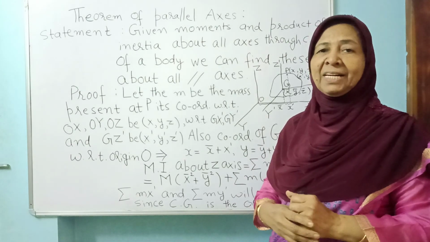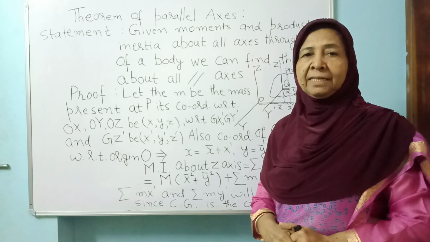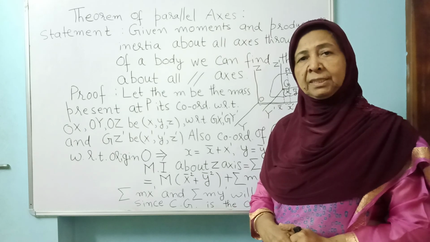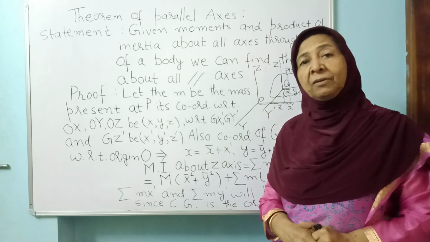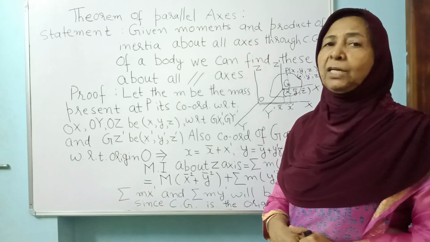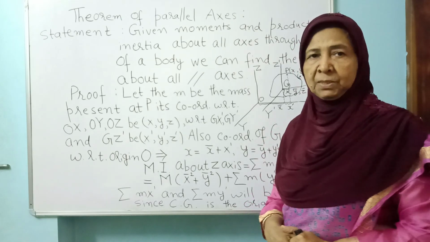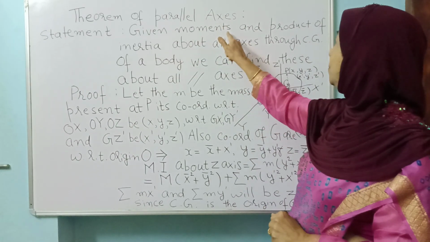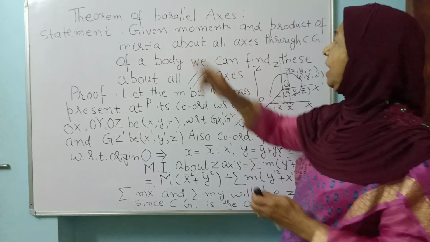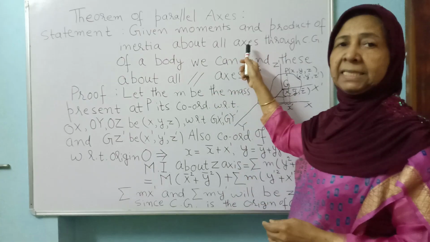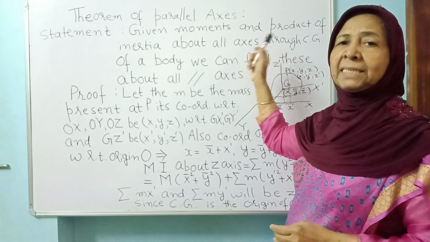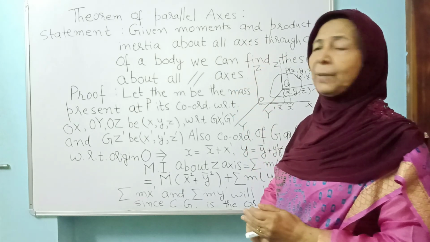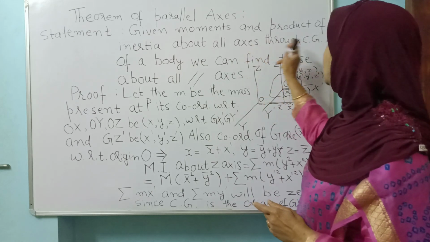But here we are dealing with rigid bodies, and the rigid bodies are in 3 dimensions. So we have to consider the result in 3 dimensions, evaluate it in that way, and use it for our problems. Okay. So the statement of this theorem is: given moments and products of inertia about all axes, which are these axes? X, Y, Z. We have 3 mutually perpendicular axes through CG.